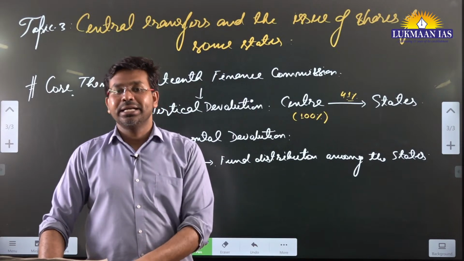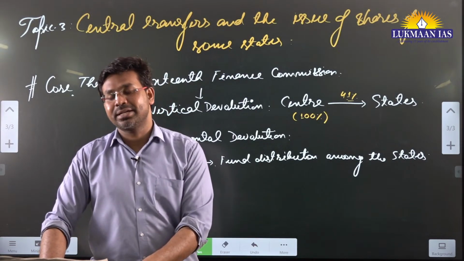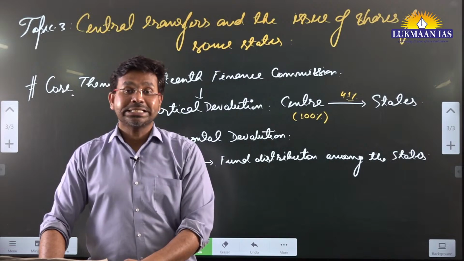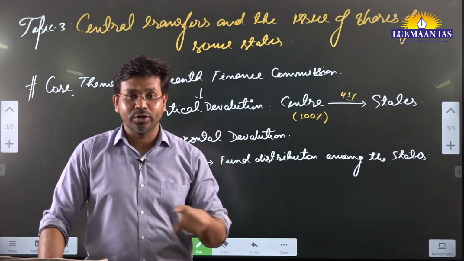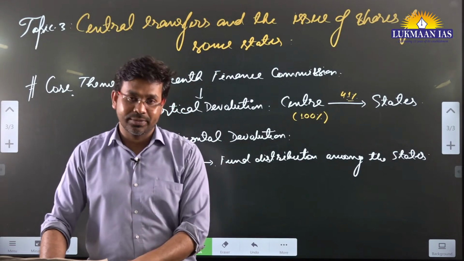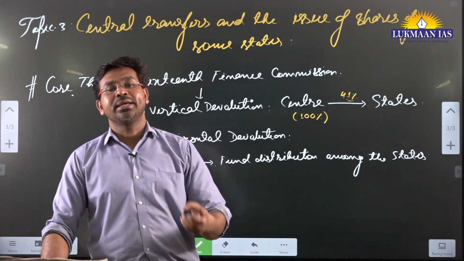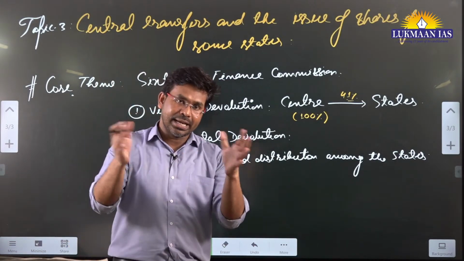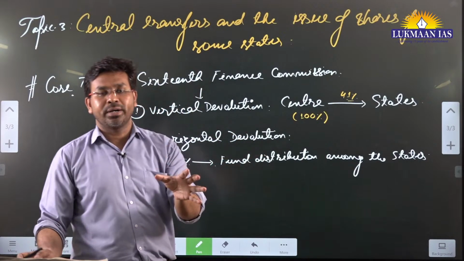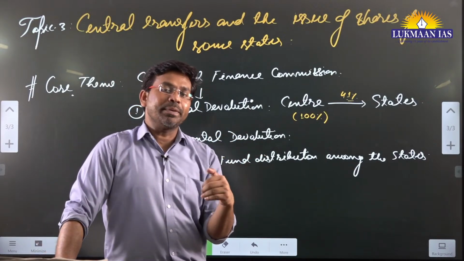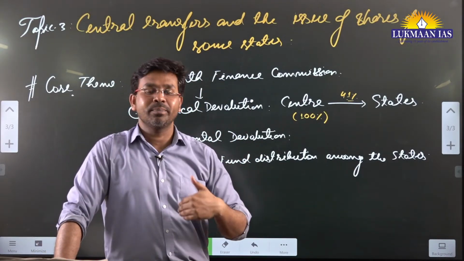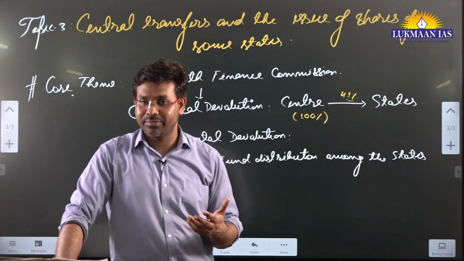Let's consider the northeastern states, where there is a state that has 84% of its total geographical area covered under forest reserve. It means they have only 16% of other areas that are open, and in those areas people might be doing financial and business activities.